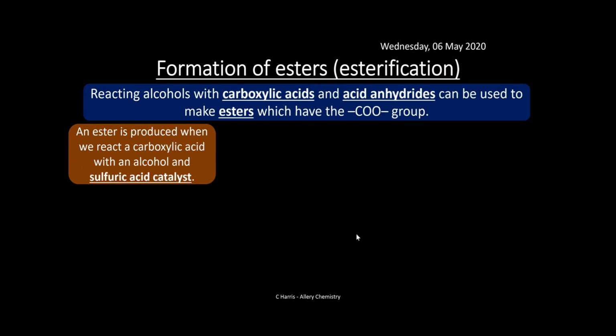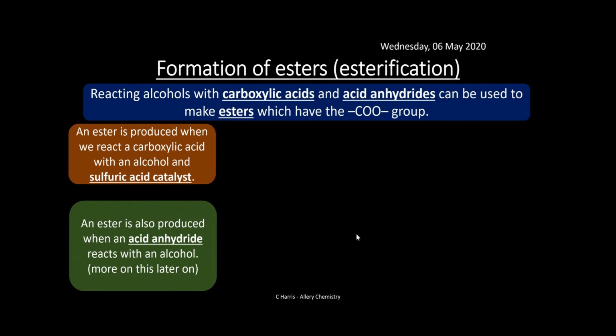An ester is produced when we react a carboxylic acid with an alcohol, and we use a sulfuric acid catalyst. An ester is also produced when an acid anhydride reacts with an alcohol, but we'll look at that a little bit later on.